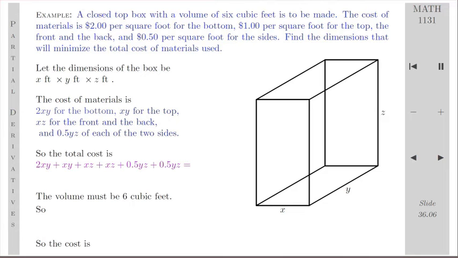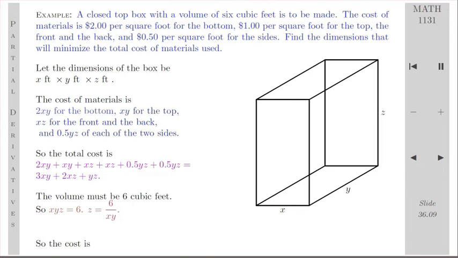If I combine like terms, it's 3xy plus 2xz plus yz. It looks like we have three variables, but remember that the volume is 6 cubic feet, so xyz should be 6. I'm going to solve for z from this and substitute that into the function, giving me the cost.